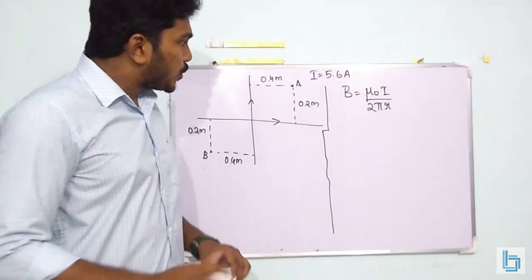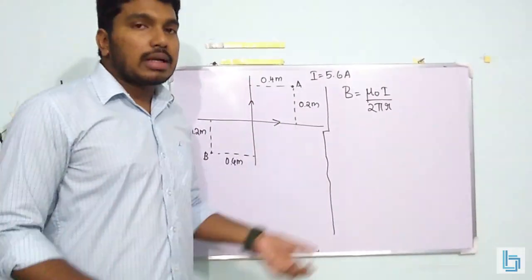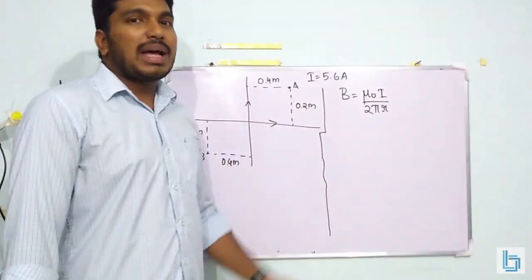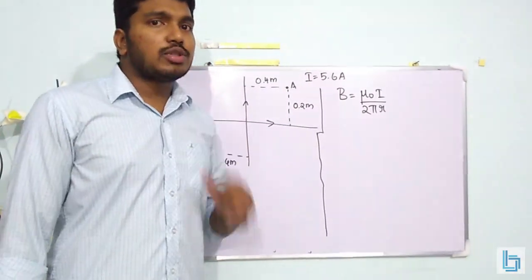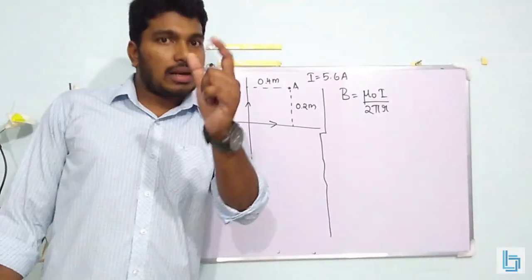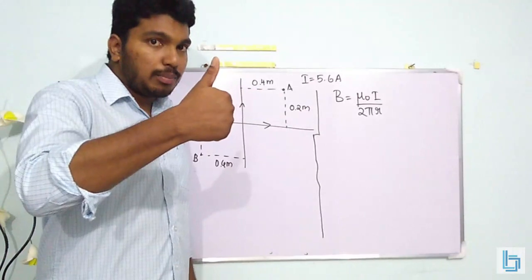So by using this equation, for both the conductors, we can find the magnetic field at the point A. But one more thing you have to take into account is the direction. To find the direction, we can make use of the right hand thumb rule.